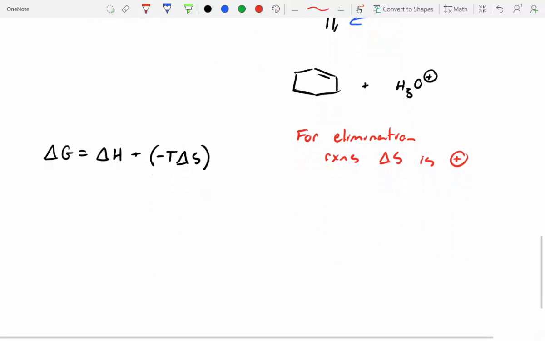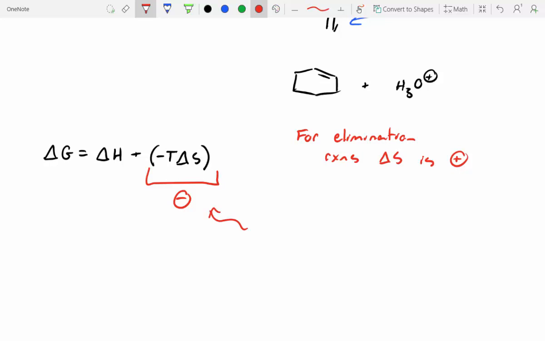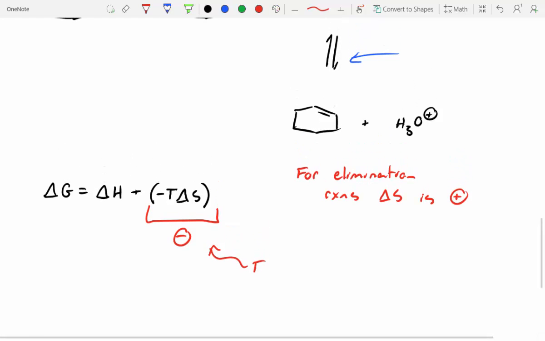So if we think about this, that means that this whole sign is going to be negative for elimination reactions. So does it really matter what delta H is if we crank the temperature up high enough? Not really. However, if it's cold, that delta H becomes really important, right? So that equilibrium arrow is really dependent on temperature. For elimination reactions at high temperature, you're definitely going to favor that alkene formation, but under low temperatures, you might actually go in that reverse direction.